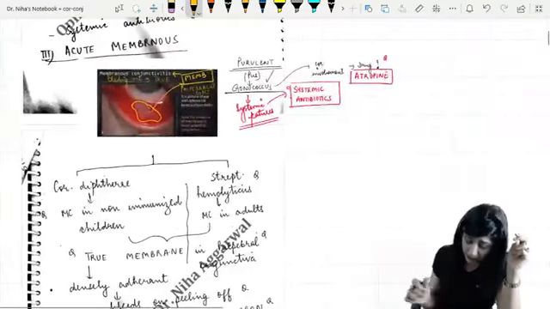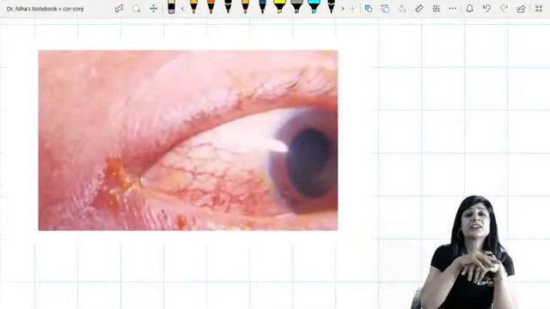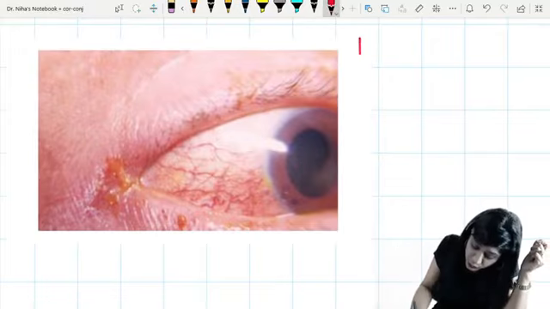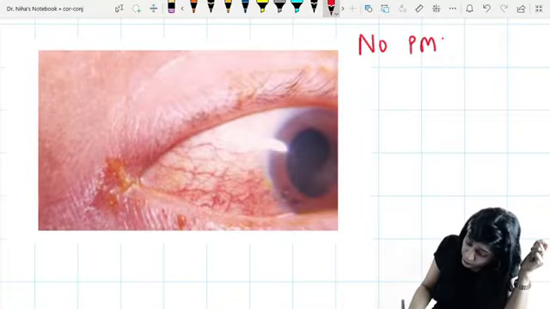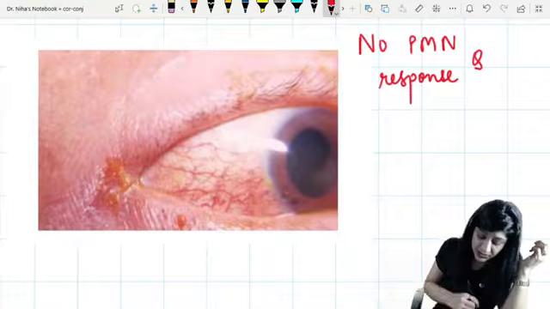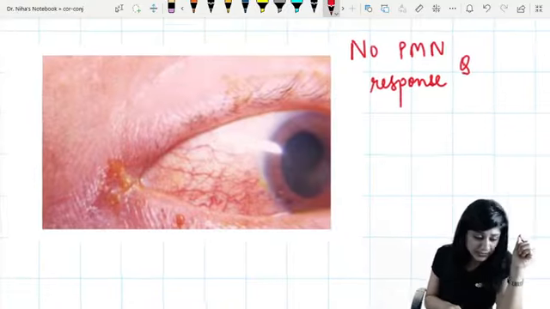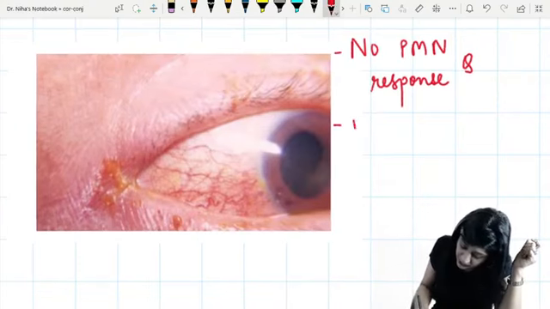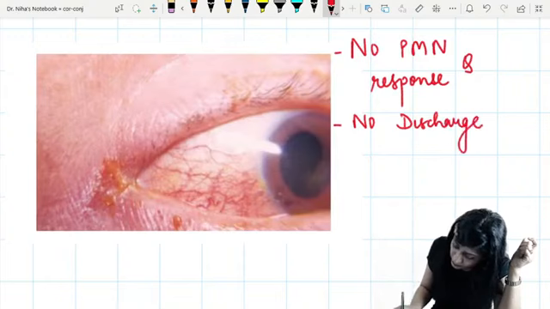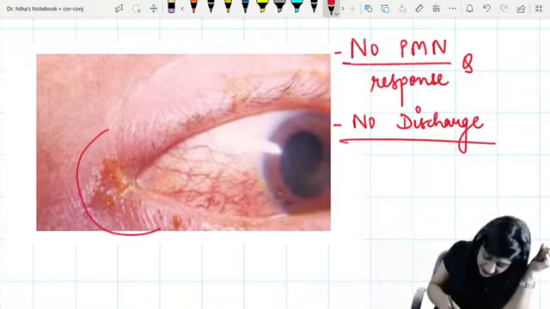Okay? Now another important thing, a very, very unique kind of conjunctivitis which is found in bacteria, where we have no polymorphonuclear response. Another important question, which is the bacteria which is not causing polymorphonuclear response, and therefore there is no discharge, and you are getting something like this.